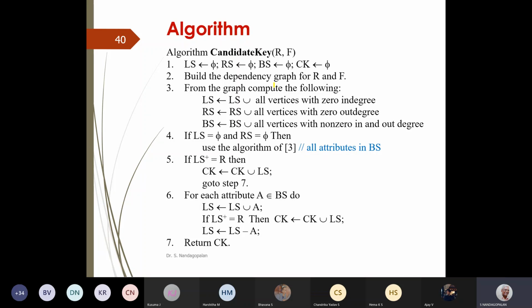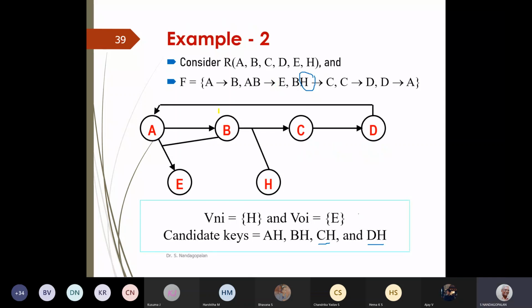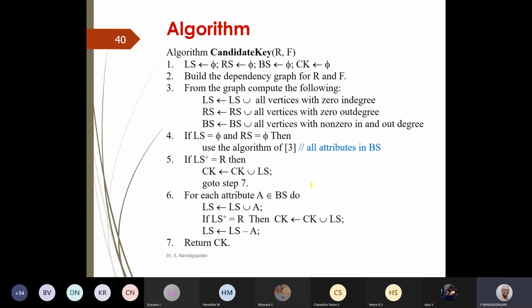So I call the left hand side one set, the right hand side another set variable, both sides another set variable, and candidate key, ultimately, which are the attributes which form the candidate key.